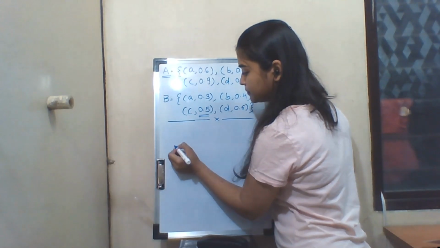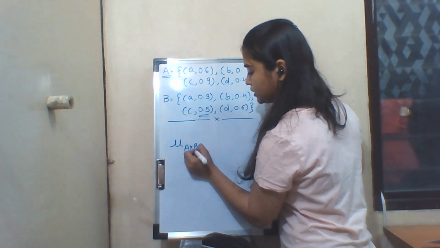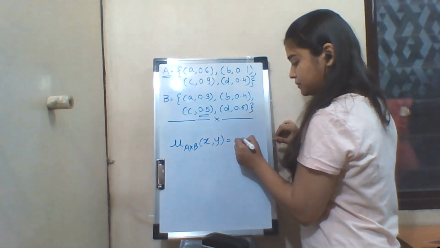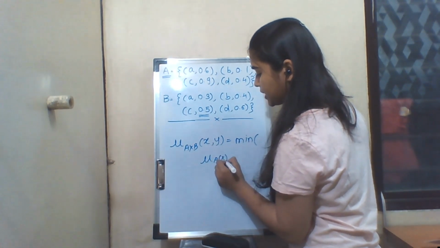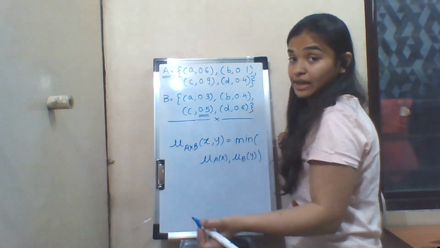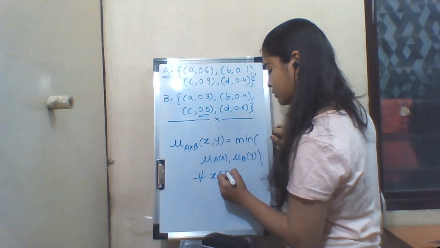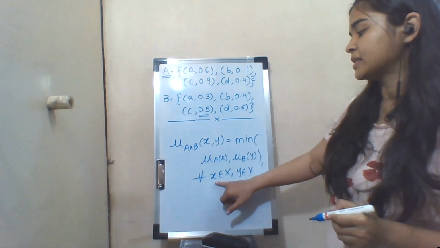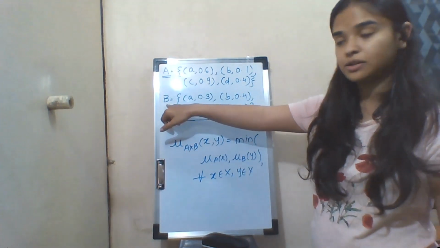The formula for which is given by: for element x comma y, it is equal to the minimum of mu of A of x, comma mu of B of y, for all x belonging to X and y belonging to Y, where x are members of set A and y are members of set B.